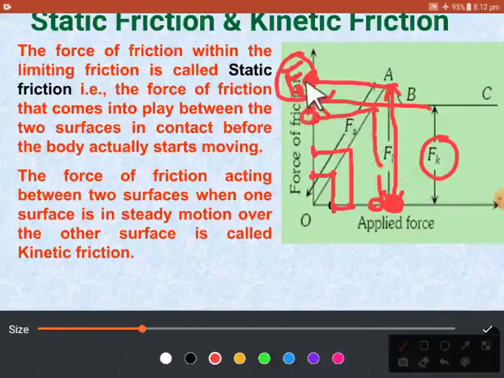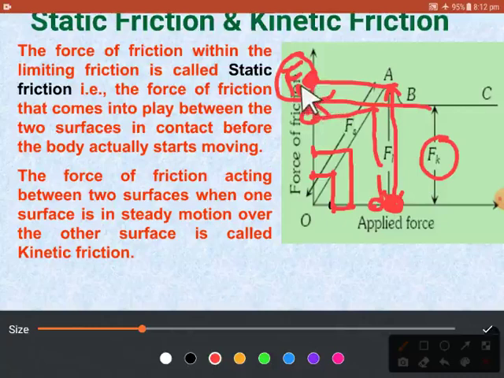Got it? So as soon as the body starts moving, the amount of kinetic friction or dynamic friction is less than the maximum static force.